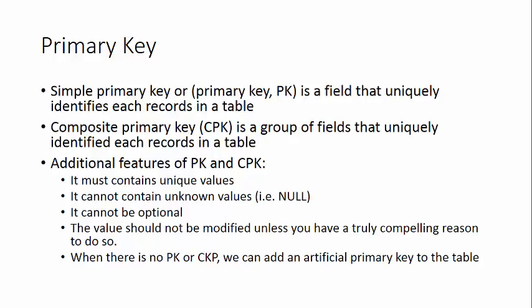And when there's no primary key or composite primary key, we can add an artificial primary key to the table. In most cases, when a table is created and no primary key is identified, it is going to automatically add a column that uniquely identifies each record or each row in the table as a primary key.